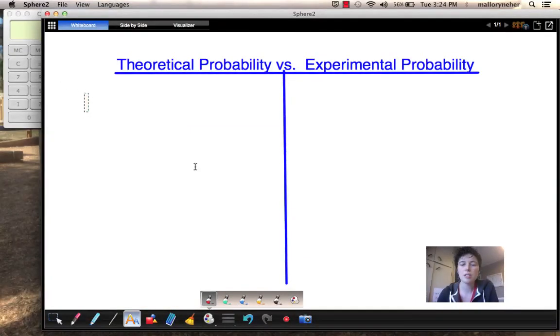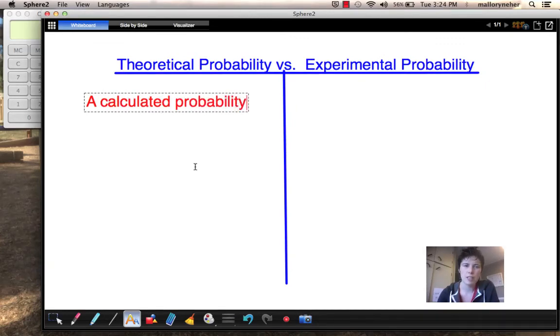A theoretical probability is a calculated probability.